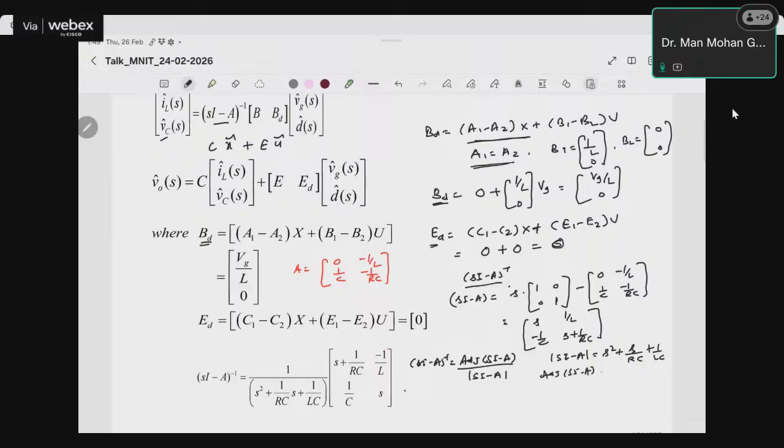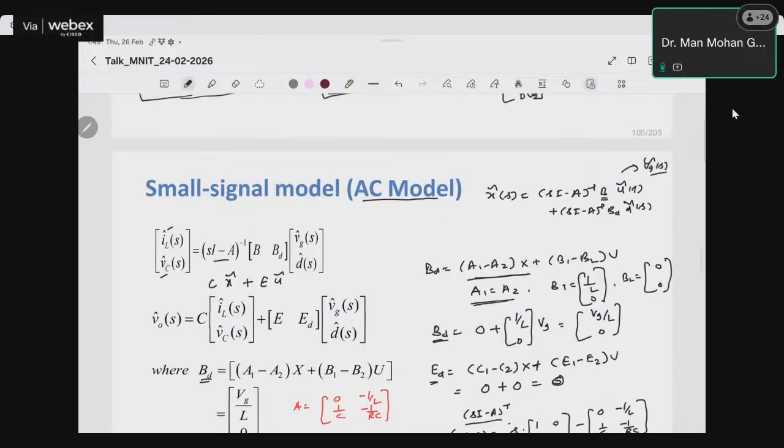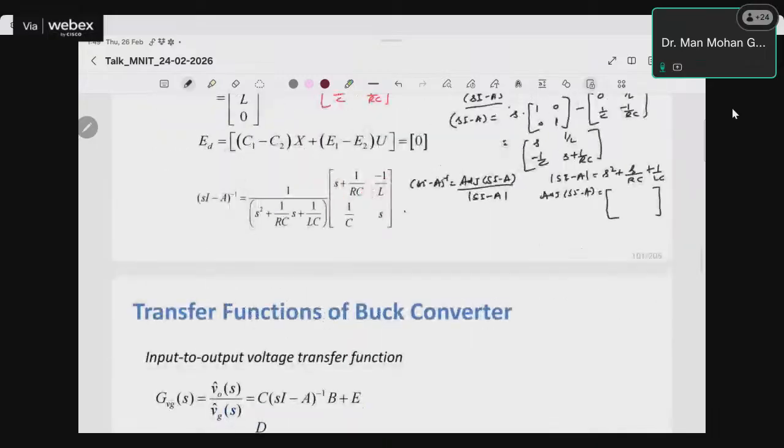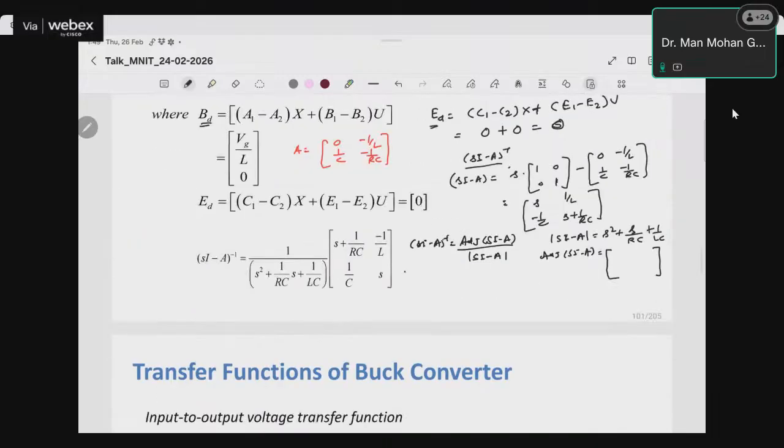We have just found out that the adjoint can be obtained by interchanging the diagonal elements A and D. So if I have SI minus A, we interchange this S plus 1 upon RC and this S, and then put the minus sign here, minus 1 upon L, and this is 1 upon C. So this is the adjoint of SI minus A.